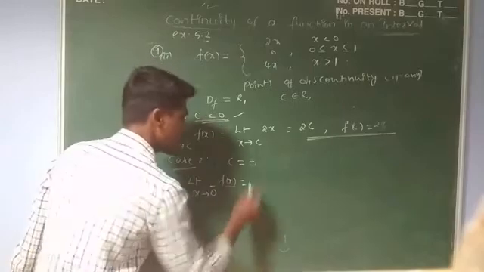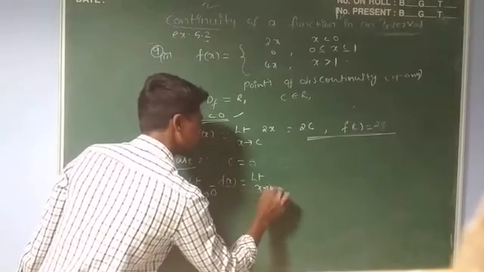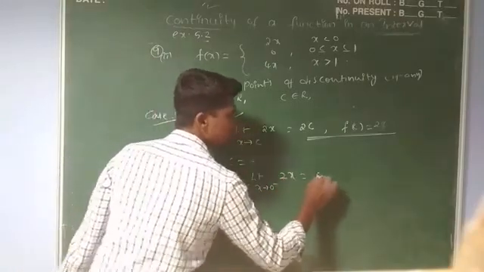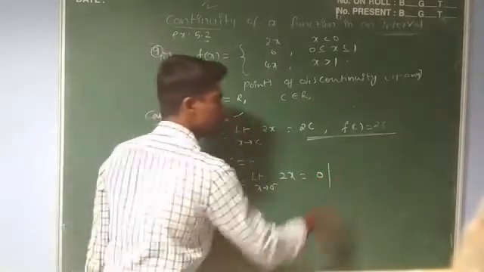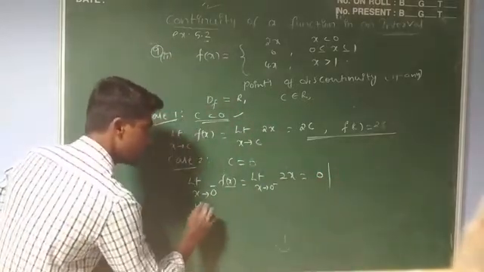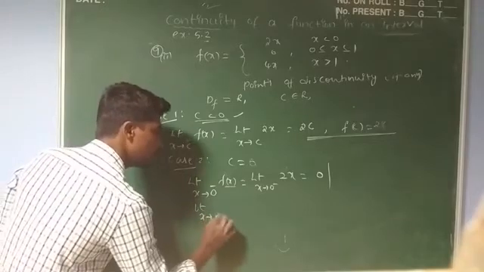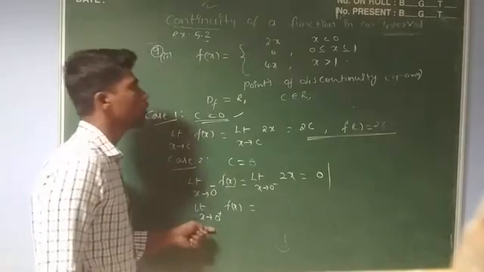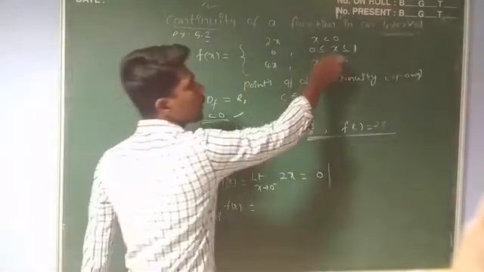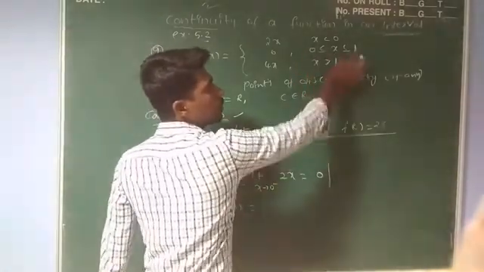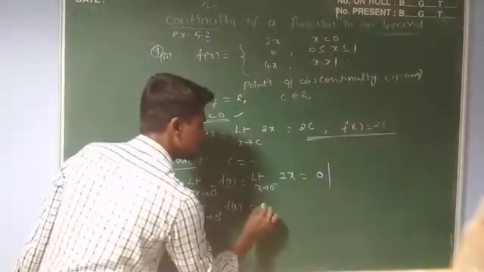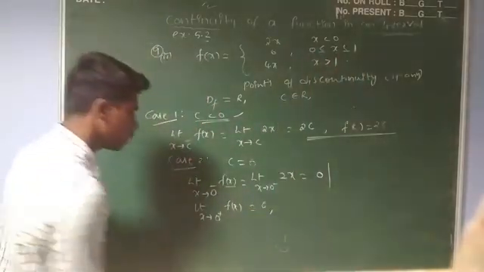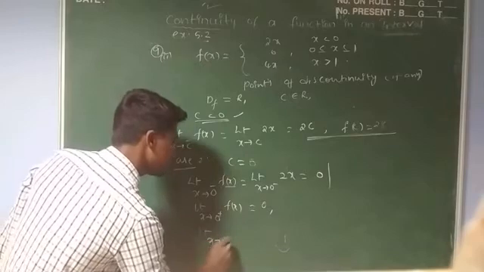So I get 2x, I get 0. Now next, limit as x tends to 0 plus of f(x). For 0 plus, which is lying in between 0 and 1, I get 0. So what about the limit as x tends to 0 exactly?